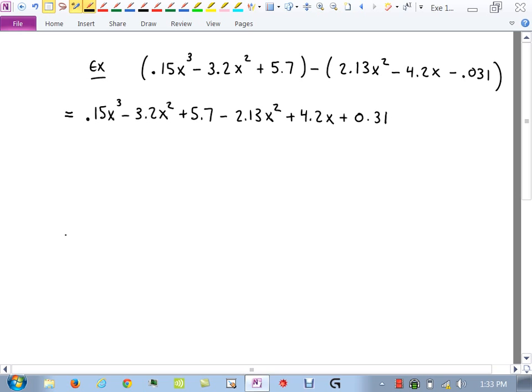Do you agree? Did I change all the signs properly here? Everything that was positive became negative, and that negative became positive, that negative became positive.